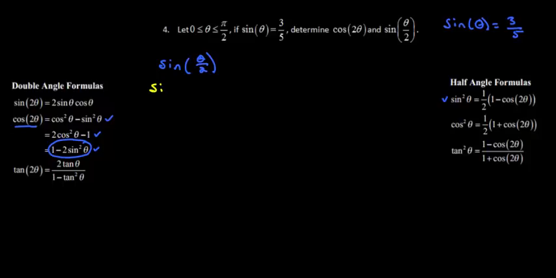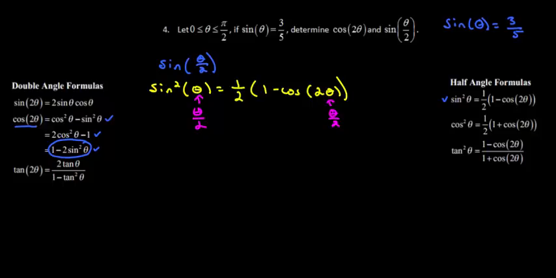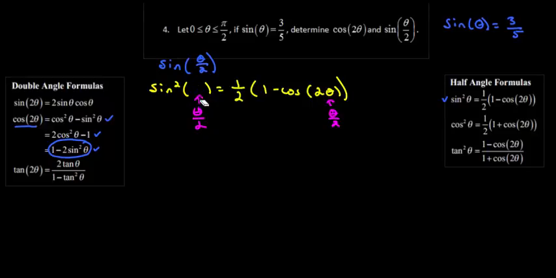So it says sine squared theta is equal to 1/2 times 1 minus the cosine of 2 theta. Now, if I let this theta be theta over 2, because there's nothing wrong with that, it's just an angle, then this becomes theta over 2.